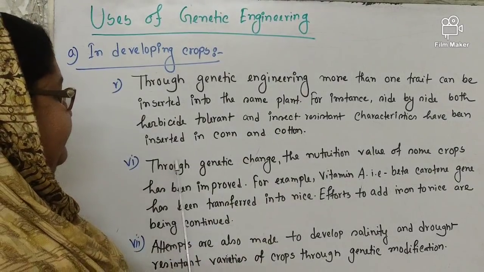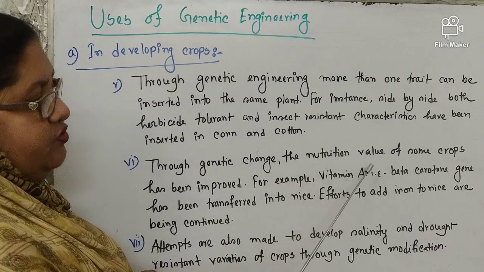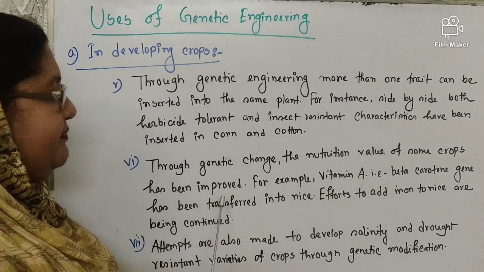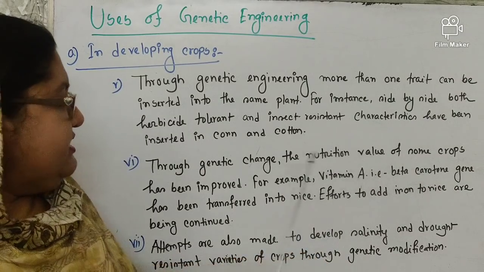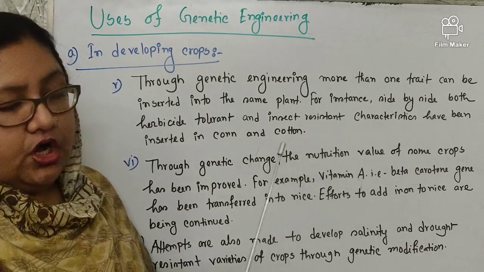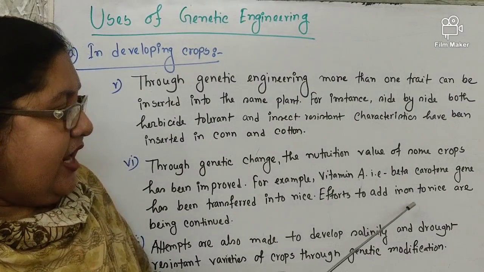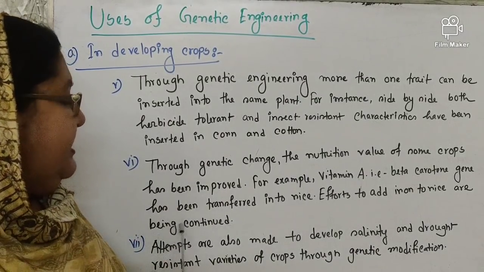Then, through genetic changes, the nutritional value of some crops has been improved. For example, the vitamin A, or beta carotene, gene has been transferred into rice. Efforts of adding iron to rice are being continued.